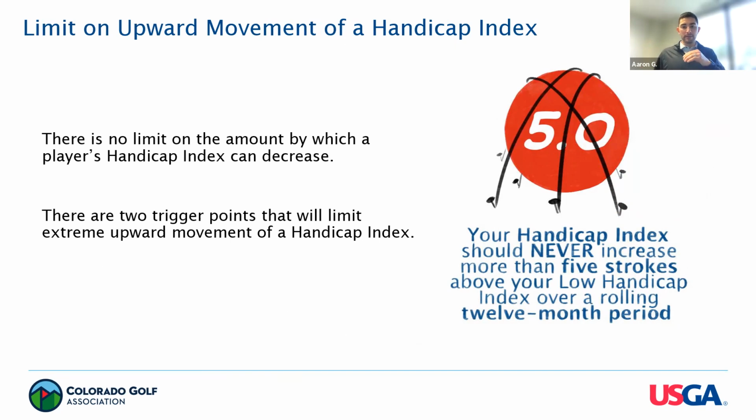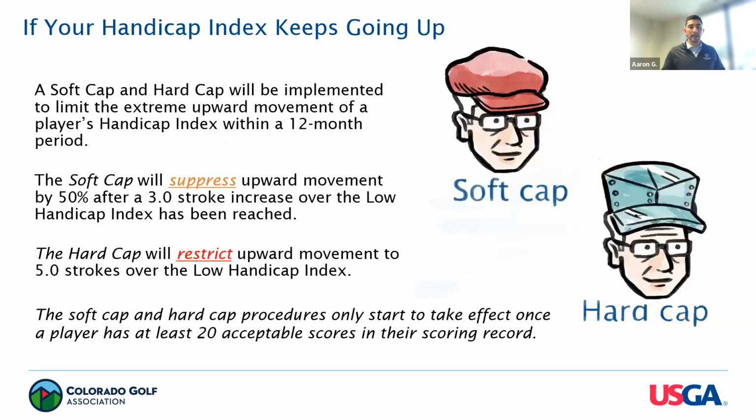That's kind of the hill, because you can still get over that hill and post scores and your handicap index can still go up. It's just a little bit harder. So whenever a handicap index is soft capped, every time they post a score, the differential gets a bit of a haircut. Let's take a look at what that looks like, shall we?